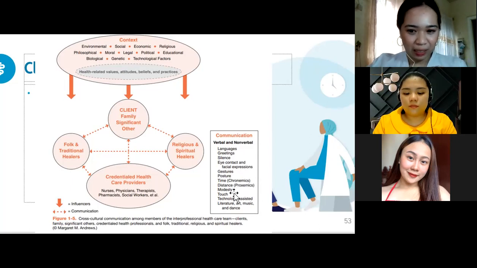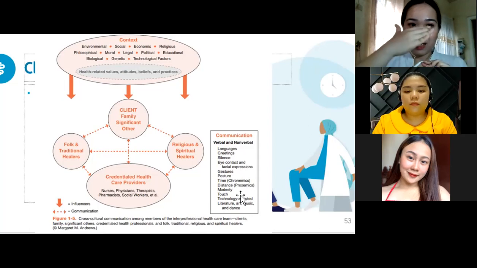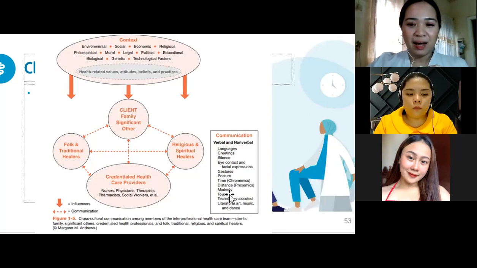Distance, modesty, there are cultures, nabanggit natin yan nung unang discussion natin, may mga cultures na gusto nila mata lang ng babae ang nakikita, cover ang face, no? Meron naman na ayaw nila na nahahawakan ng isang male na physician or male healthcare giver ang isang female na client, no?